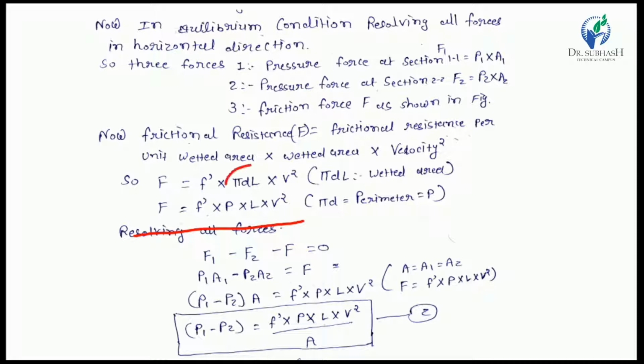So frictional resistance is equal to F dash pi d L into V square. Now pi d is a periphery, so we can also write the equation this way: F is equal to F dash, periphery P, into length L, into V square.